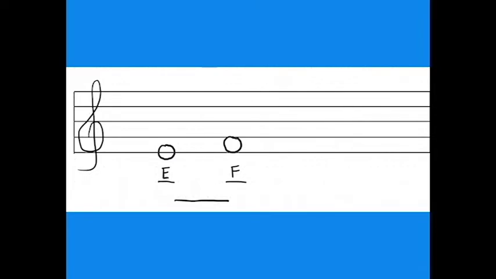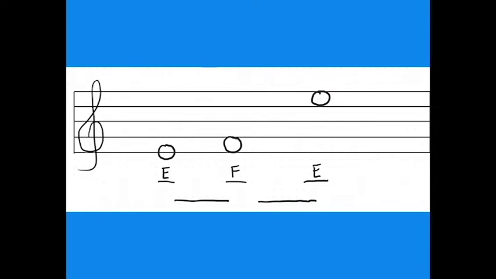In this example, our original interval is E to F. So to invert this interval, we want to take the bottom note and move it up one octave. So our bottom note here is E. So we want to find the higher version of E on this staff. And again, let's figure out the number component of these intervals.